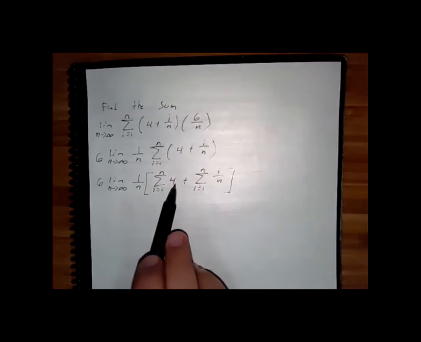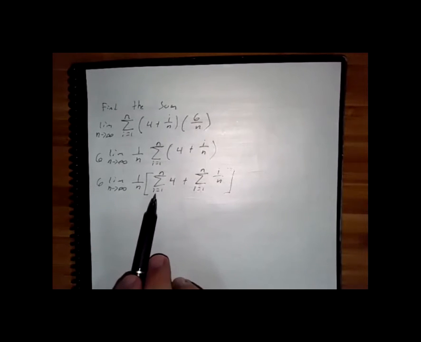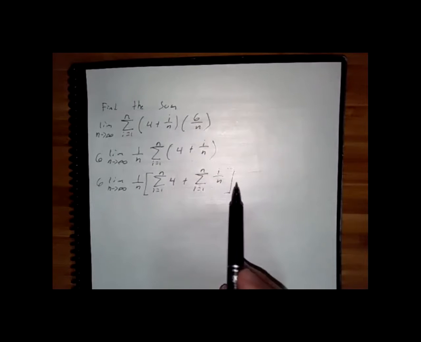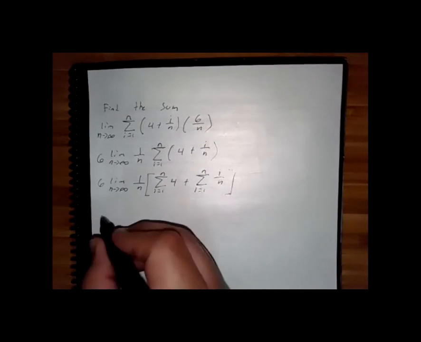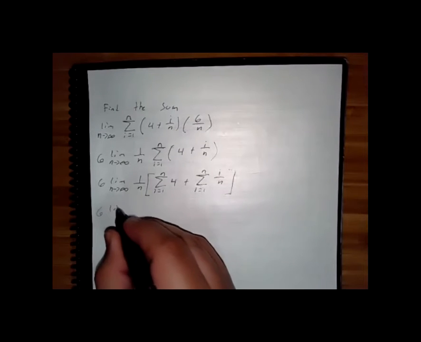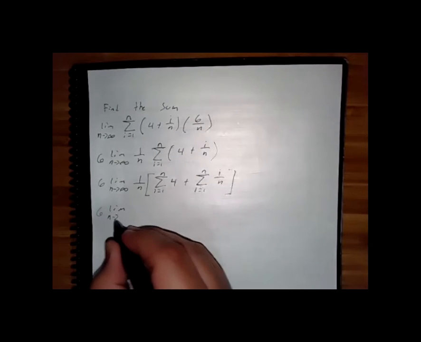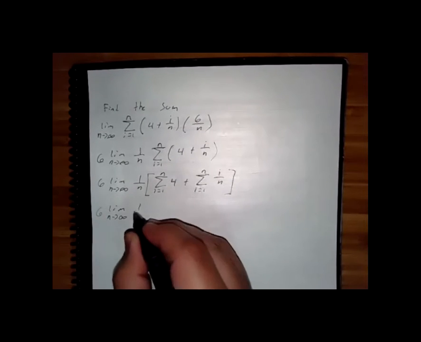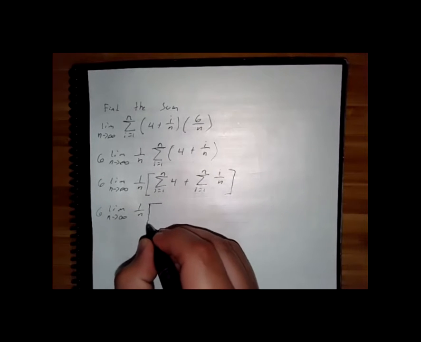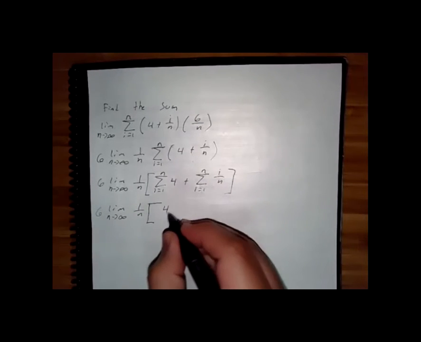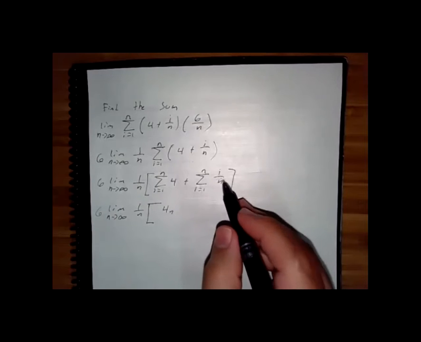The sum of this guy is just 4n. Remember how we said the sum from i equals 1 to n of a constant would be that constant times n. So that was like the first formula they gave you. So before we do the limits are the last thing we do. So don't mess with the limit. So this becomes 4n.